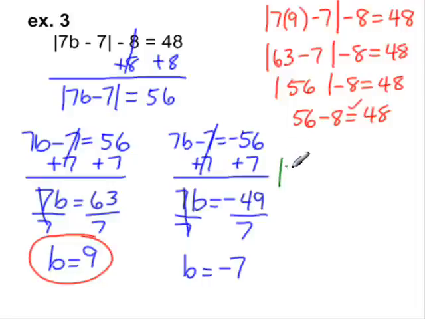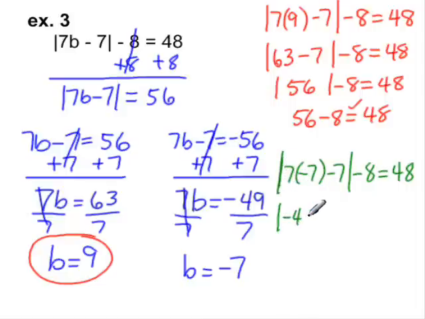Let's try it out. Plug that in place of b inside the absolute value. We're trying to get 48 again. Alright. 7 times negative 7 is negative 49.